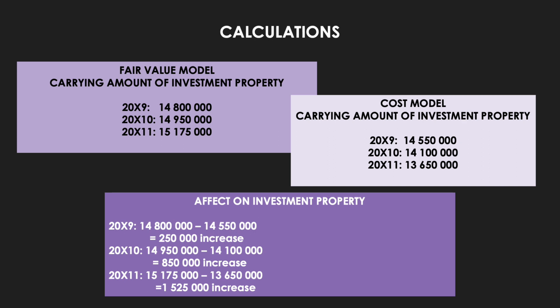So when you're working out the increase or the decrease in the asset line item relating to investment property, it is important that you compare the carrying amount as it should be to the carrying amount as it has been taken into account, i.e. your fair value model carrying amount versus your cost model carrying amount.